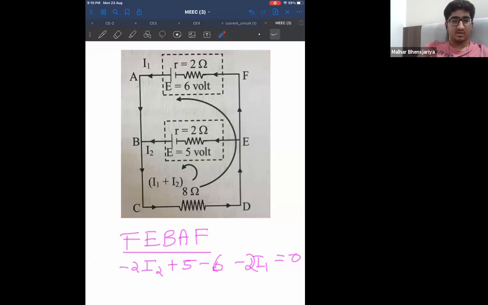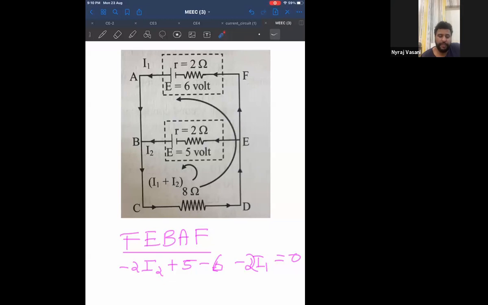From the right hand side. You don't have to complicate it. You just say the current's direction in this branch is left and our direction is right. That's it. The current direction in this whole branch will be left and our direction is A to F, which is right. So we are opposing. So we will get a positive sign itself. Therefore, it will become plus 2I1 equal to 0.